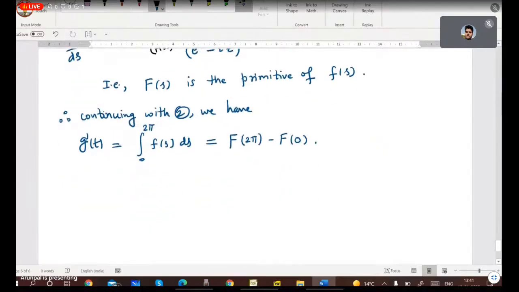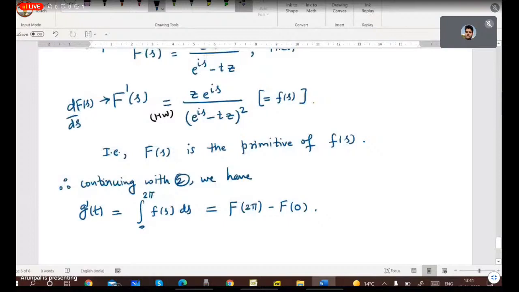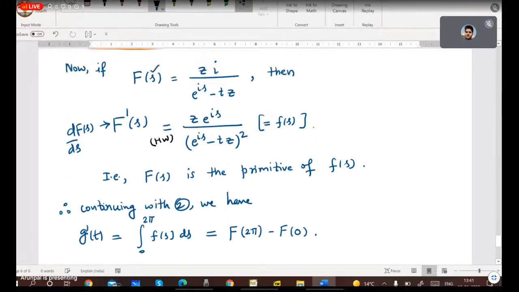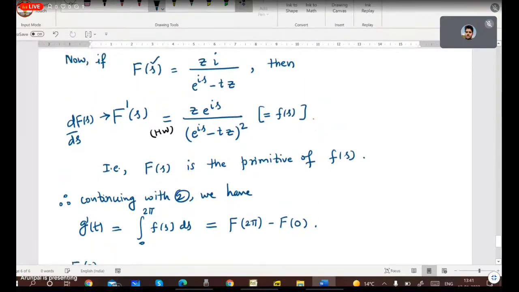So class, now let us see the value of F at 0. Use the formula for F. This is the formula for F. So put s equal to 0.